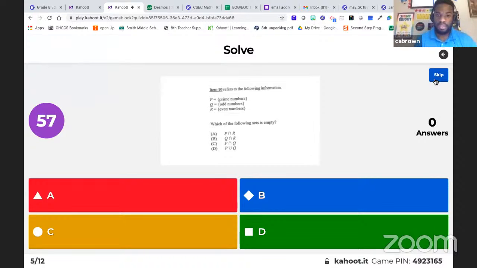All right, item 10 refers to the following information: prime numbers, odd numbers, even numbers. Which set will be an empty set? I remember us doing this problem together. In other words, which two have nothing in common?